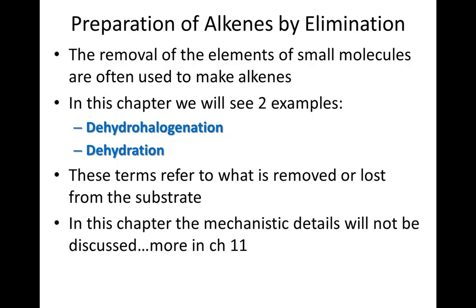And these terms refer to what you took away from the substrate, which is the organic compound that we're going to operate on. And we're not going to really go into a lot of detail about the mechanism. We'll do that more in chapter 11. So we're really going to concentrate on what is happening and what are the possible outcomes of doing that.